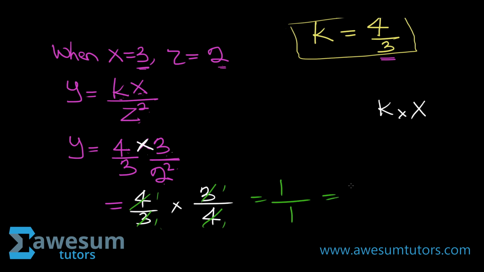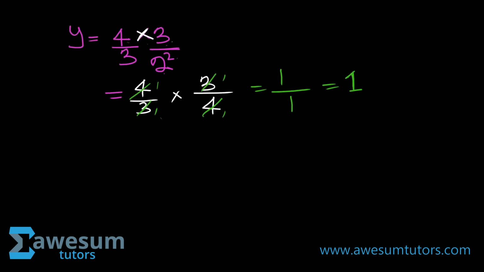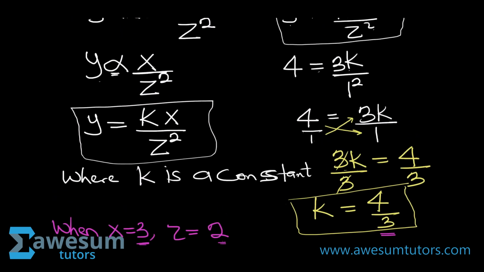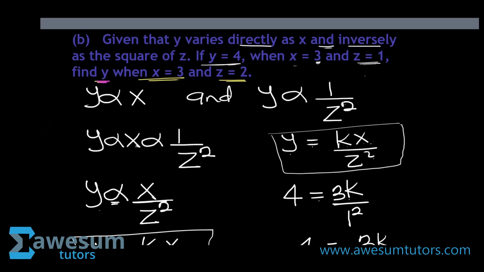So the answer is 1. Very good, guys. So that means my y is equal to 1. I hope you guys understand this question. We have been able to find y when x equals 3 and z equals 2.